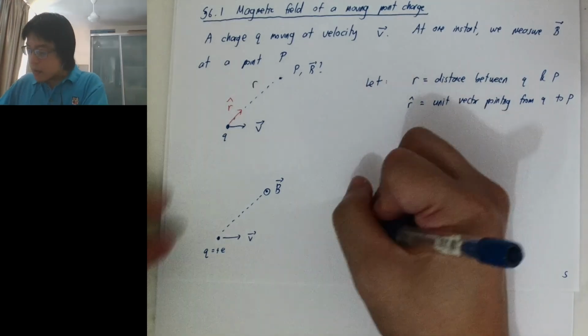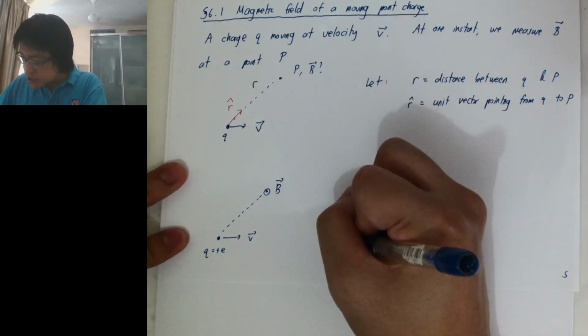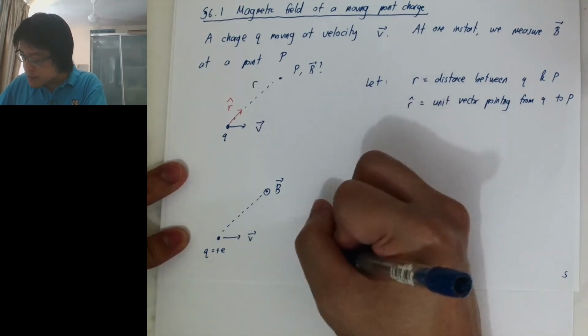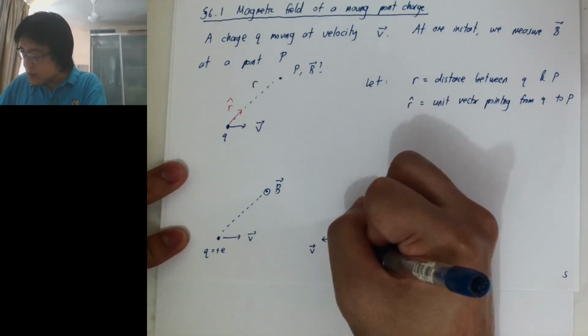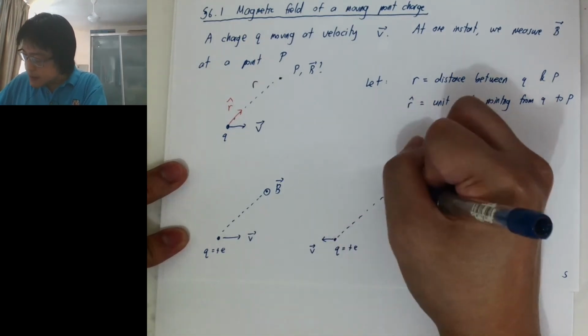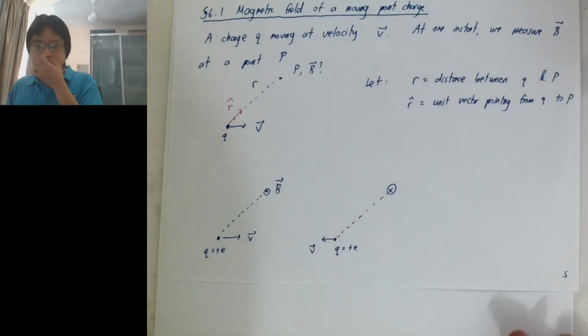But if my moving charge is in the same place but moving in the opposite direction, with v going here, still a positive charge, then my magnetic field is in the opposite direction.